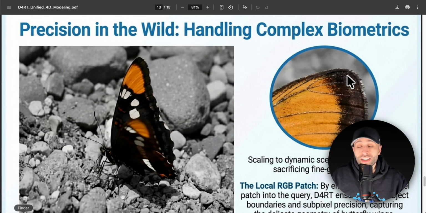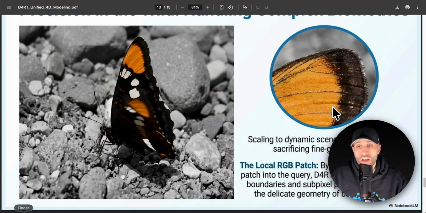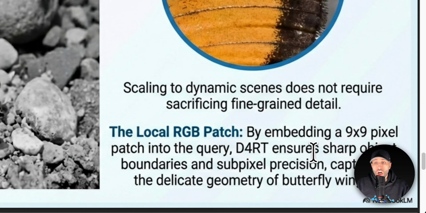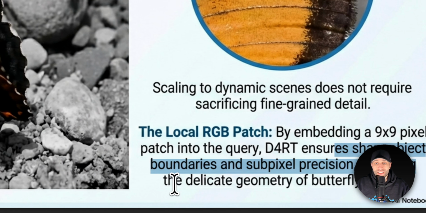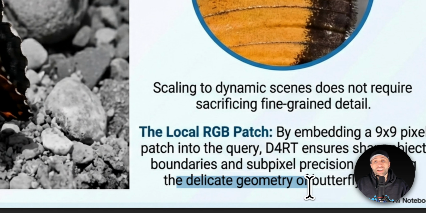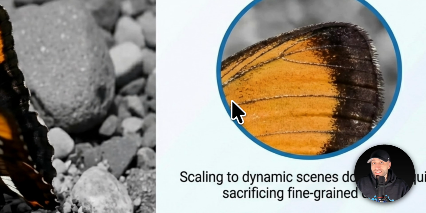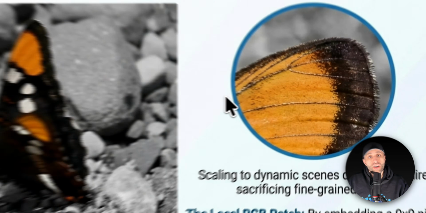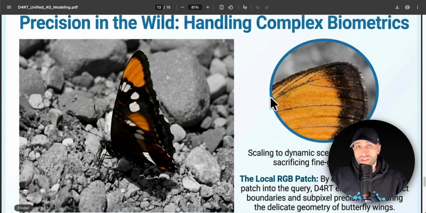The model will consider that without sacrificing these details for creating those 4D constructions. By embedding that 9x9 pixel patch into the query, D4RT ensures sharp object boundaries and subpixel precision, capturing the delicate geometry of even something like butterfly wings. So here the details of the objects are not sacrificed just because of creating that reconstruction.